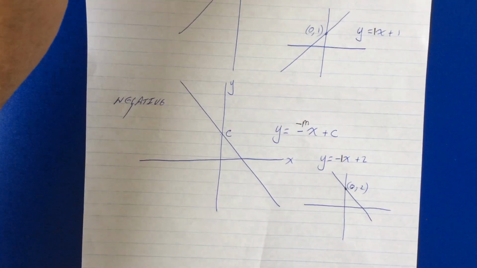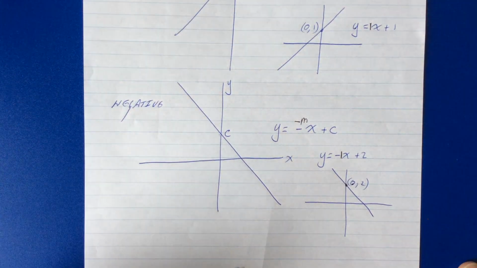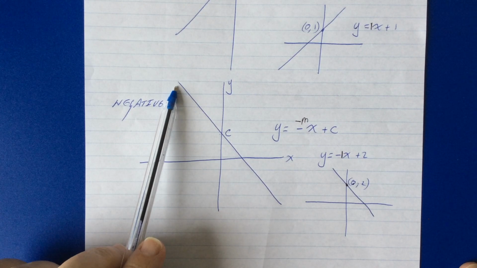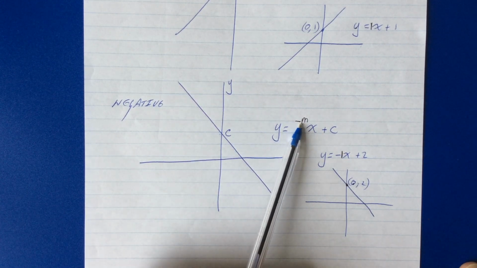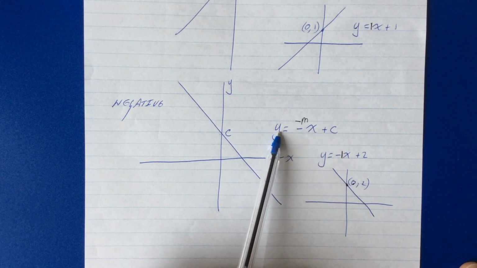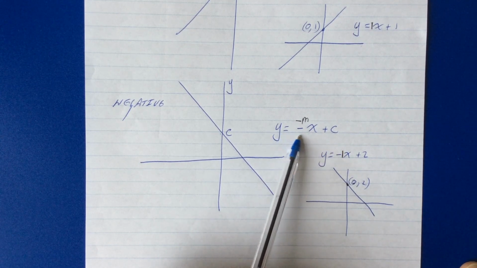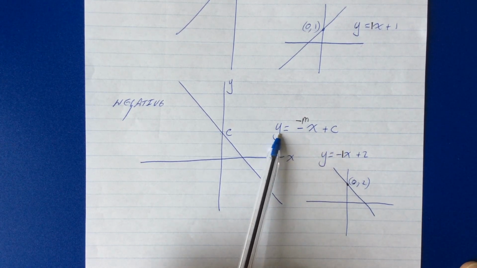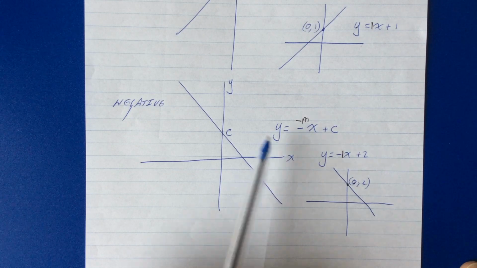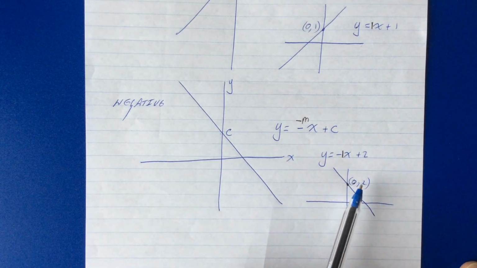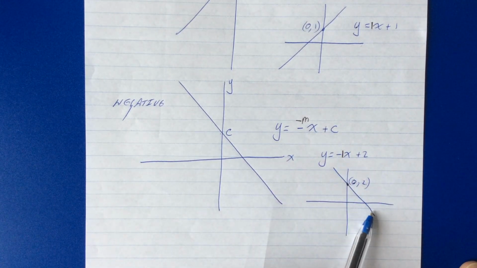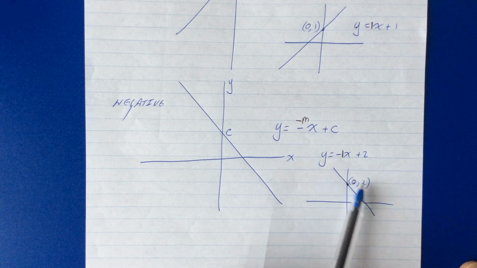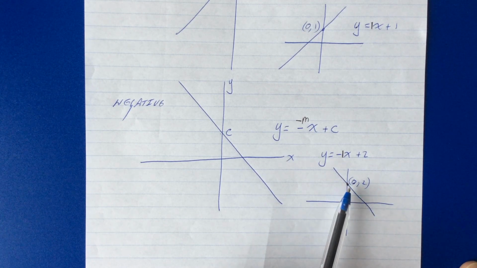Now, the negative gradient does the opposite. It runs from bottom right to top left, and it's got a negative in front of it. So what we see here is the general equation of what might be a negative gradient for a linear equation. And here we have one on a little Cartesian plane.